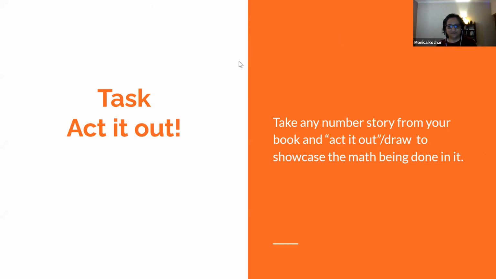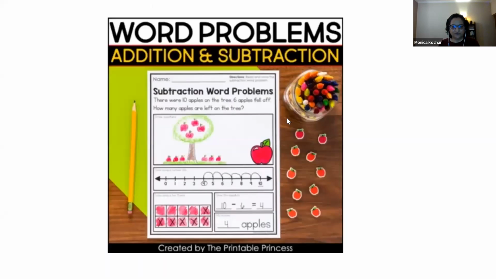So that's the task for the team now. Take any story from your textbook and either act it out or draw and then show the math. So it starts with the question, acting or drawing, one of the visual models used to solve it, and then the final answer.